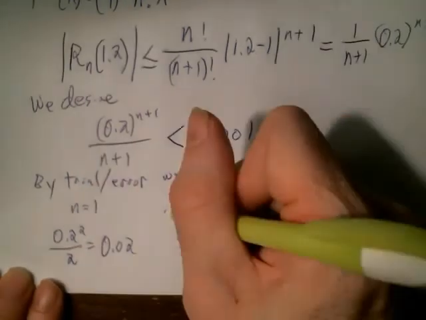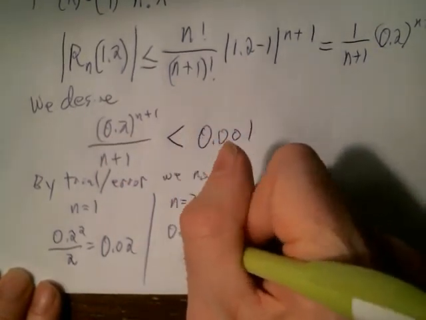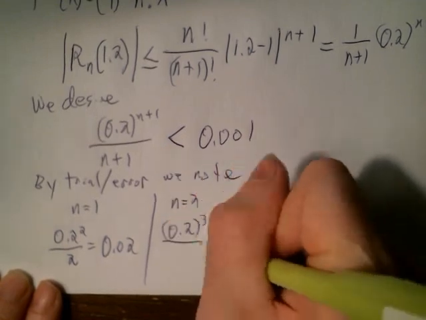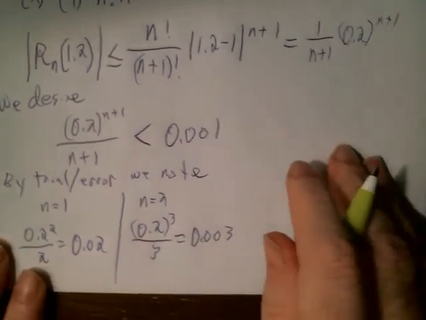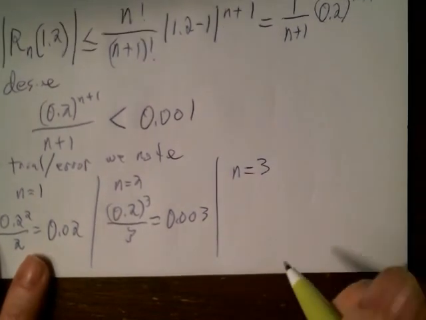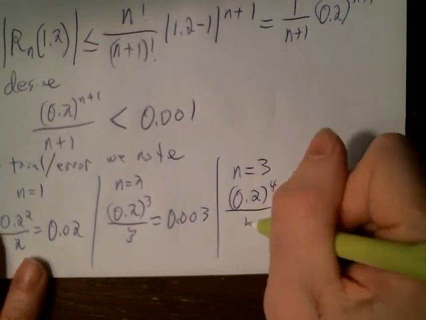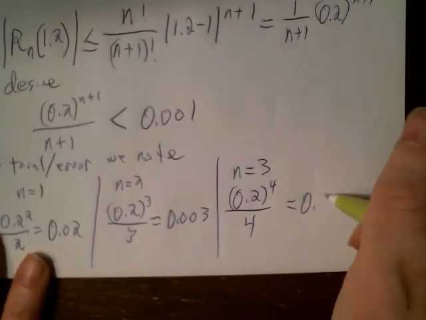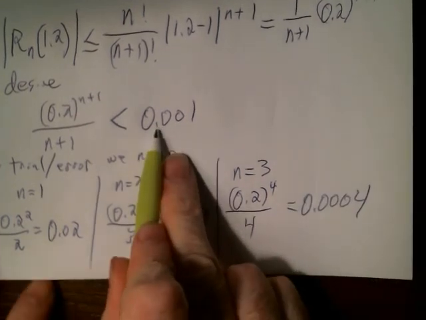That's not good enough. When n equals 2, we get 0.2 cubed all over 3, which equals 0.003. It's not good enough. So we probably want n is 3, so 0.2 to the 4th all over 4 equals 0.0004, and that's definitely less than 0.001.